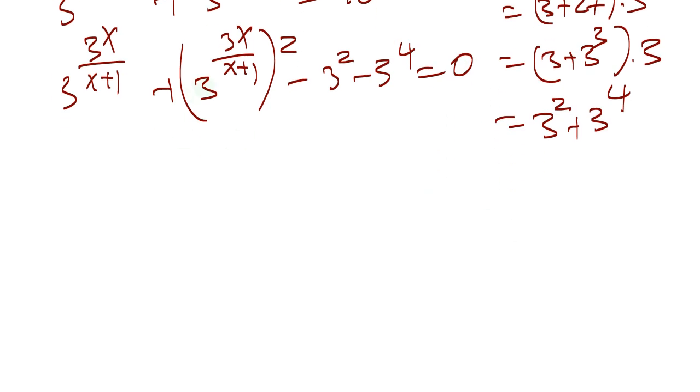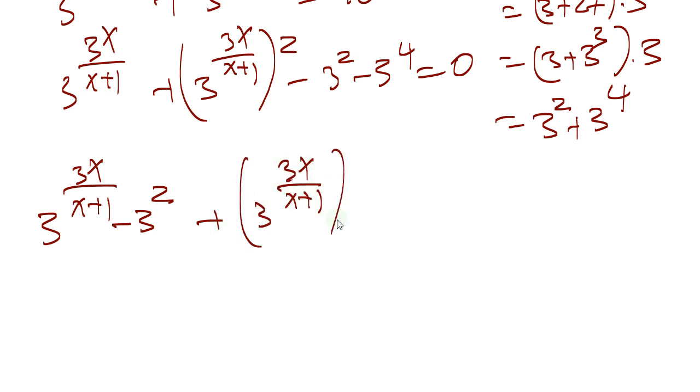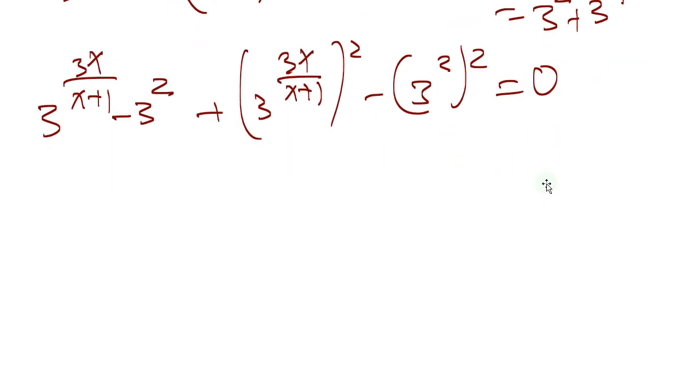So if I have this, guys, I just have to write this one here. 3 to the 3x over x plus 1 minus 3 squared, okay, plus 3 to the 3x over x plus 1 here squared, minus 3 to the 4, which is 3 squared to the power of 2, and then this is 0. And then this is a difference of squares, so we have then 3 to the 3x over x plus 1 minus 3 squared.